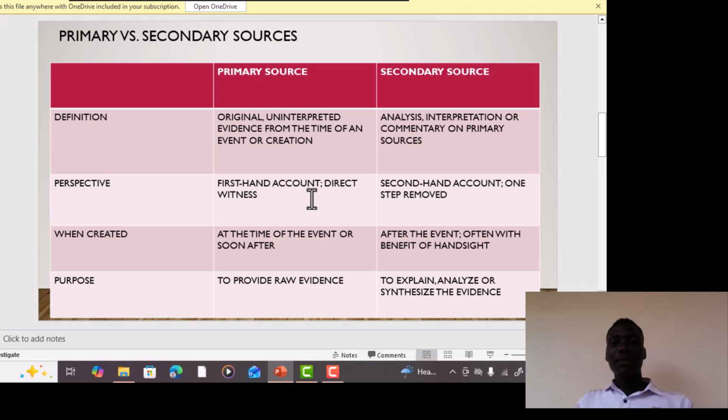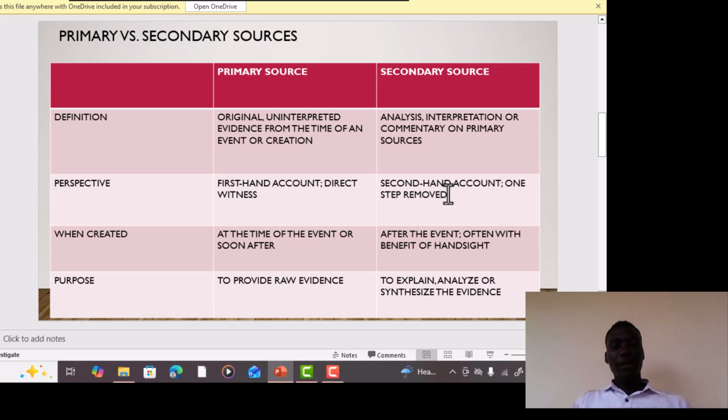So the witness plays a key role in bringing about this primary source of information. Meanwhile, the secondary source of information deals with a second-hand account, one step removed. Earlier I told you that secondary information is the backup of the primary information, meaning that one step has already been removed, so it is a second-hand account.